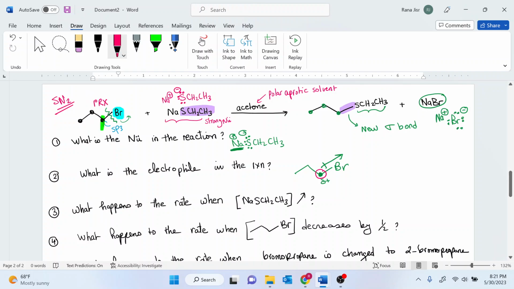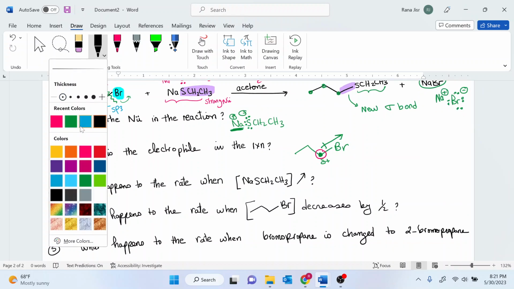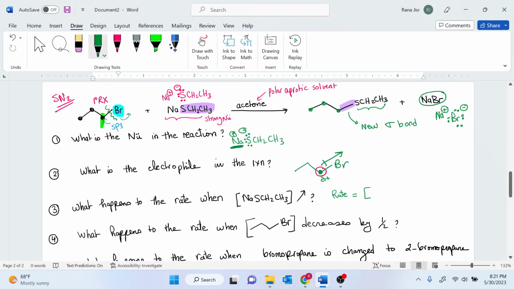What happens when the concentration of the SCH2CH3 increases? Well, you need to put the equation of the rate of the reaction. So the rate is equal to the concentration of the reactants because it is a one-step reaction. So it depends on the concentration of the alkyl halide multiplied by the concentration of the nucleophile.